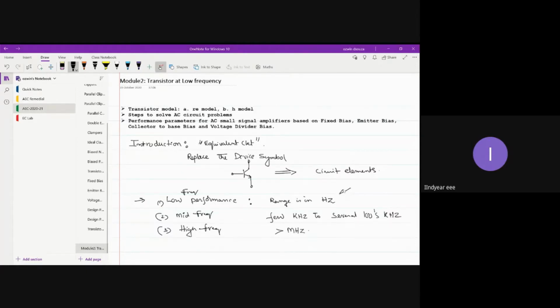All right, now if a model is developed for low frequency, it can also be used for mid frequency as well as high frequency. So the low frequency model can be directly used for the mid frequency range also. On the other hand, for high frequency, we slightly tweak the model which was proposed for low frequency.